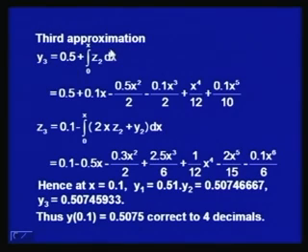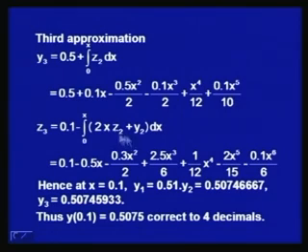Similarly, we can find third approximations y3 and z3. y3 is equal to 0.5 plus integral 0 to x z2 dx. Substituting the value of z2 and integrating with respect to x, we get the value of y3 as 0.5 plus 0.1 x minus 0.5 x square by 2 minus 0.1 x cube by 2 plus x to the power 4 by 12 plus 0.1 x to the power 5 by 10, and z3 as 0.1 minus integral 0 to x of 2x z2 plus y2 dx.